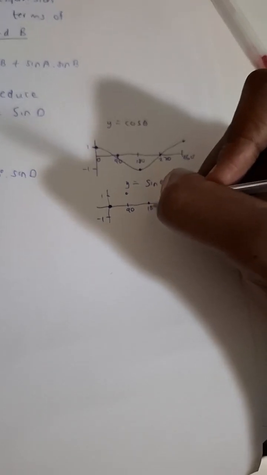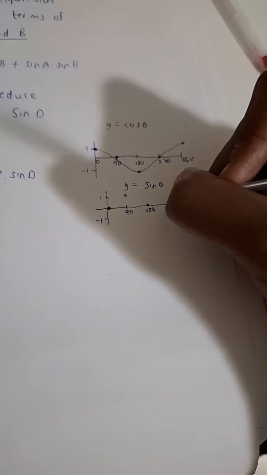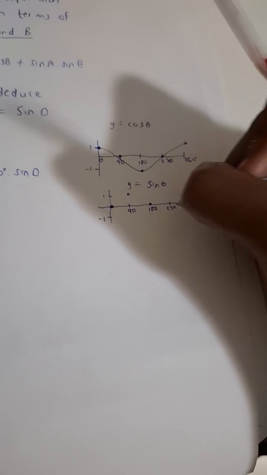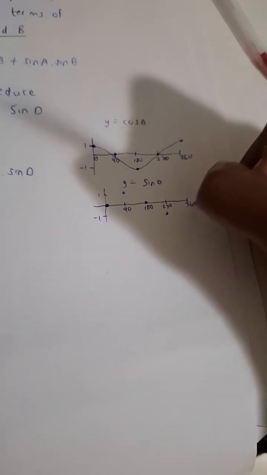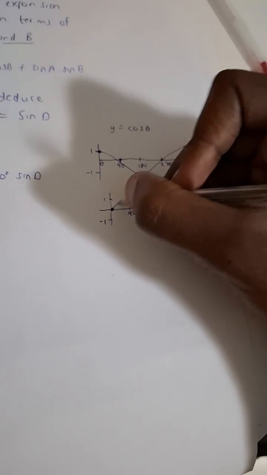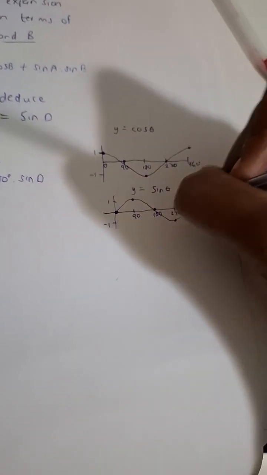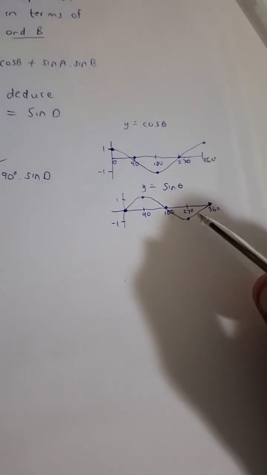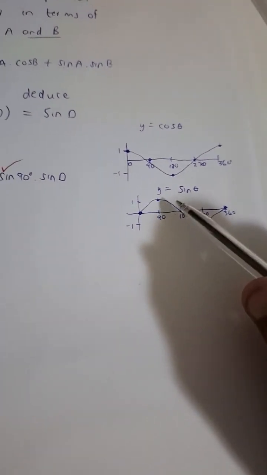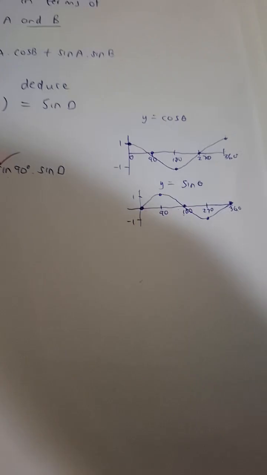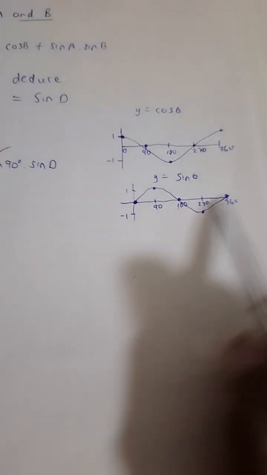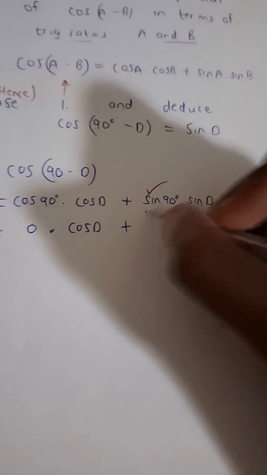Sine 180 is 0. Sine of 270 is negative 1. Then sine of 360 is 0. This is the mother graph. And for me, this is how I'm able to remember these special angles: 0, 90, 180, 270, and 360 for sine and cos. I know those off by heart because of the graph. So sine 90, guys, is equal to what?